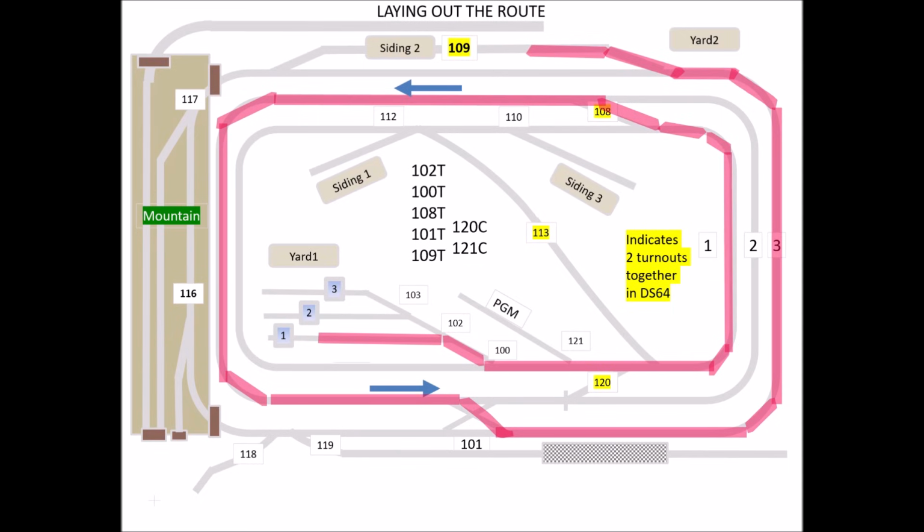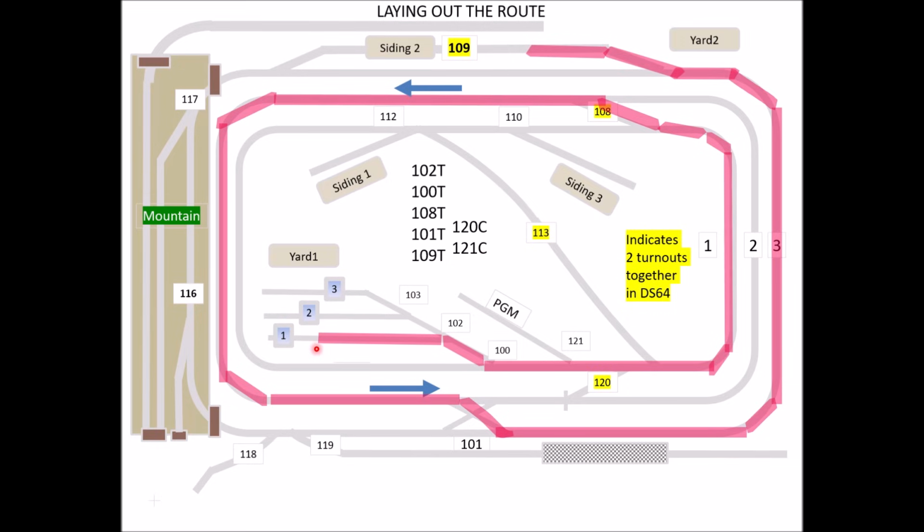Okay, this is the last route I wanted to show, and it's the most complex of all of them. What it involves is these turnouts: 102, 100, 108, 101, 109, 120, and 121. And the letter after it indicates whether it has to be thrown, in this case, or closed, in this case.